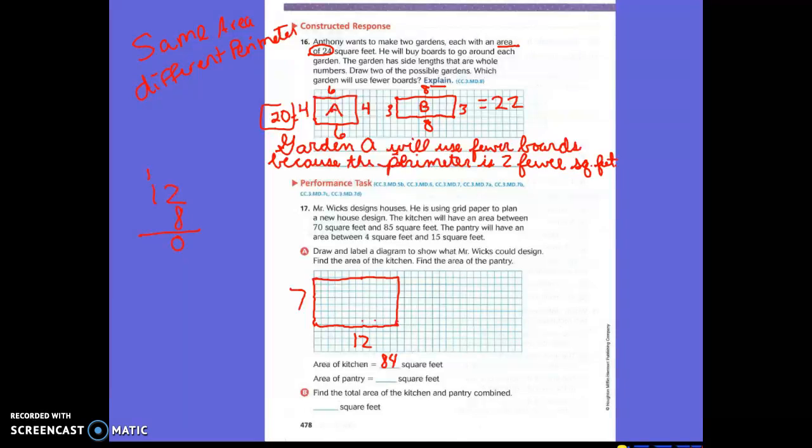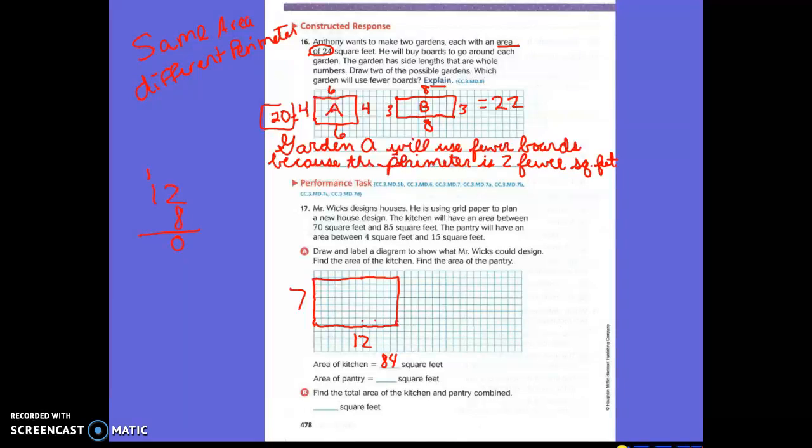Now we need to find the area of the pantry. It says the pantry is between 4 and 15. So find 2 numbers that can have an answer between 4 and 15. 5 times 1.